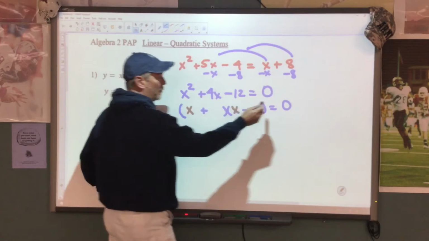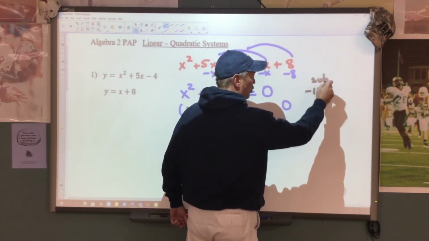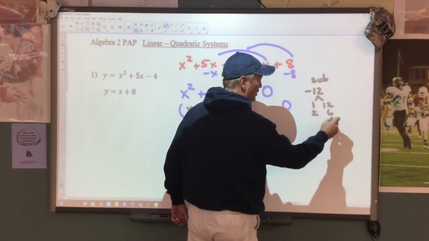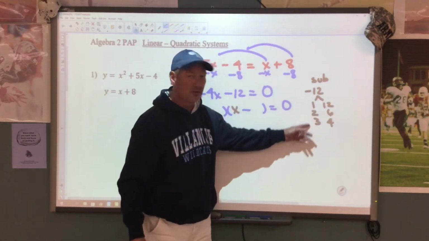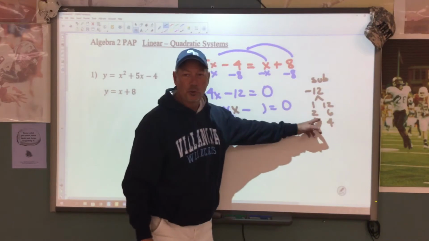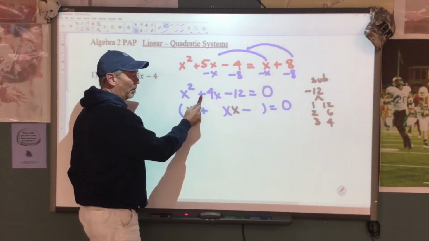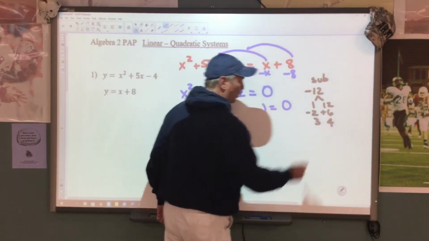our negative 12. That negative 12, we're going to subtract, and my choices are 1 times 12, 2 times 6, 3 times 4. Which combination subtracted will give us the 4 that we need? We're going to use 2 and 6, but remember what we said, the bigger number gets the plus sign. So that means this would be a minus and that's a plus.